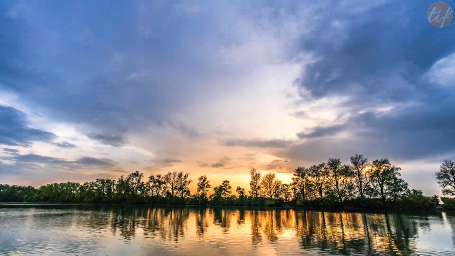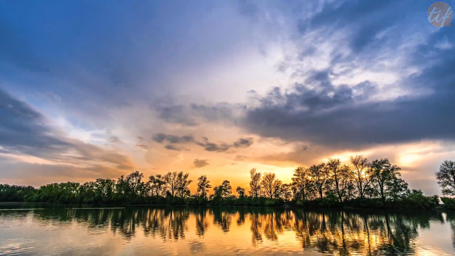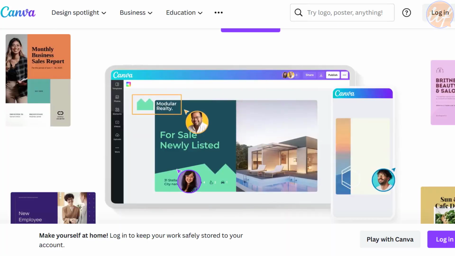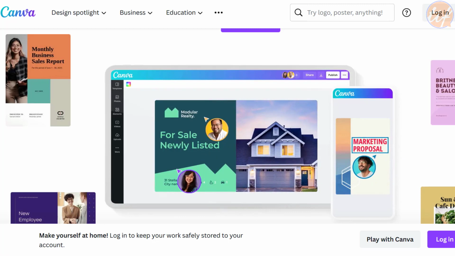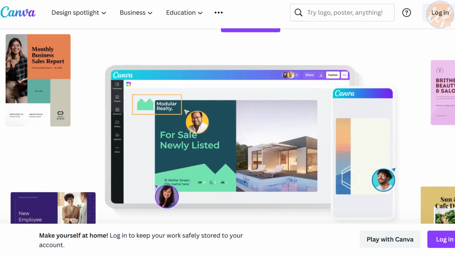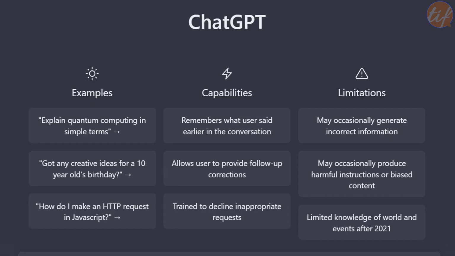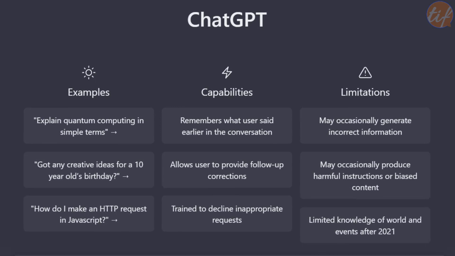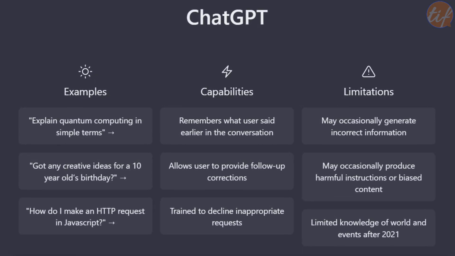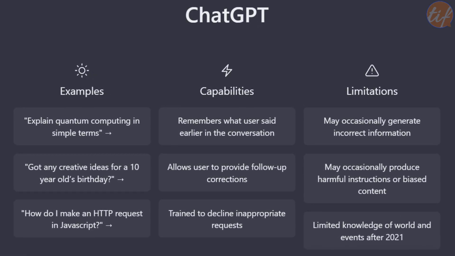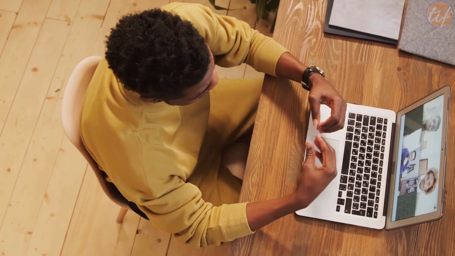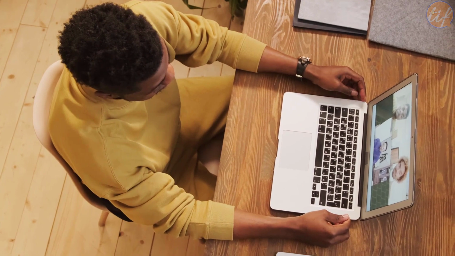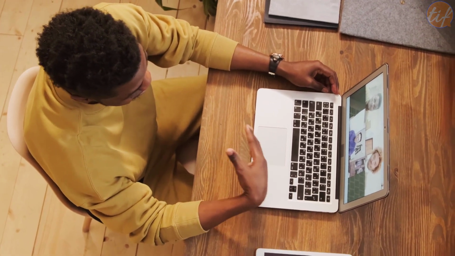As you know, visual content is an essential part of any successful blog, and with Canva, it's never been easier to create professional-looking images even if you don't have any design experience. And with ChatGPT, I'll show you how to come up with creative and catchy captions that will make your images even more effective. So get ready to learn how to attract more readers and customers with stunning visuals.